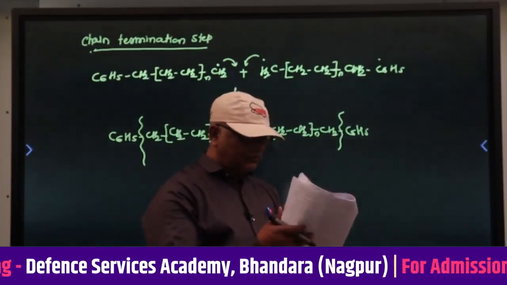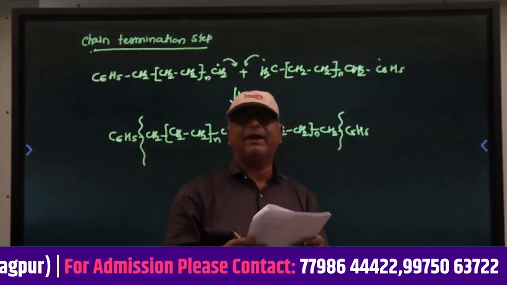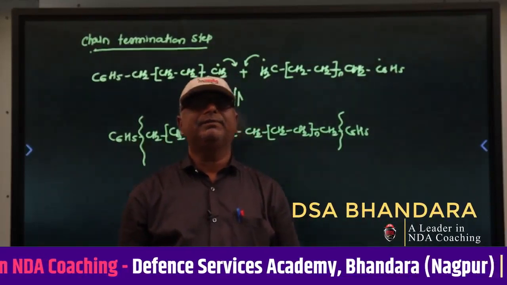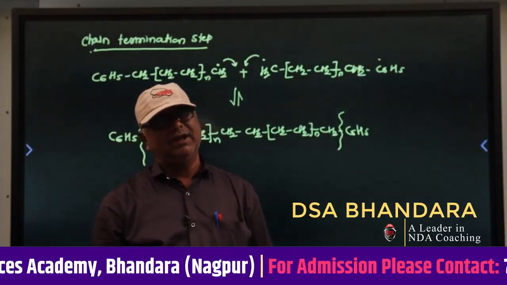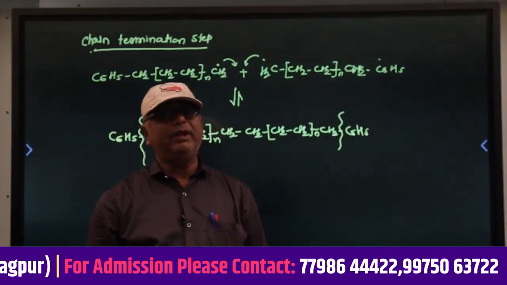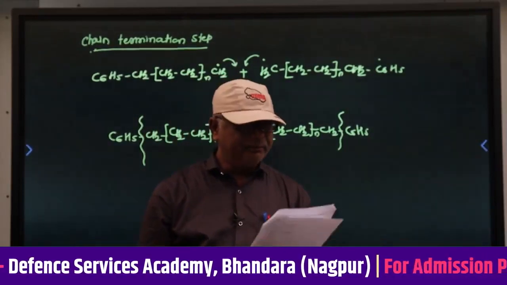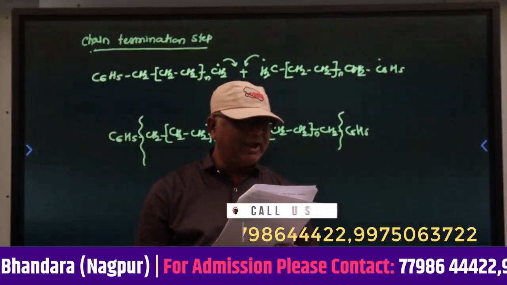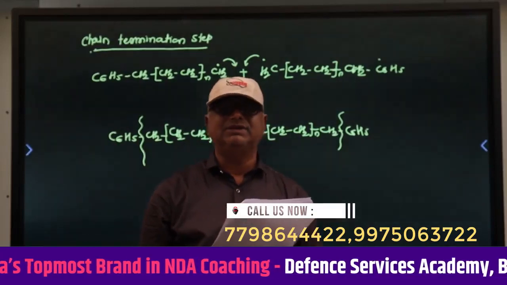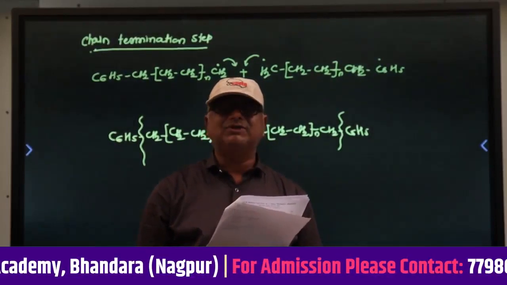Cadets, now the next question asks, define rubber. You know, natural rubber is present in the form of latex, and it is the repeating unit of isoprene, 2-methyl-1,3-butadiene. Write the chemical reaction for the preparation of the following polymers: Teflon, CF2 double bond CF2, polyisoprene.